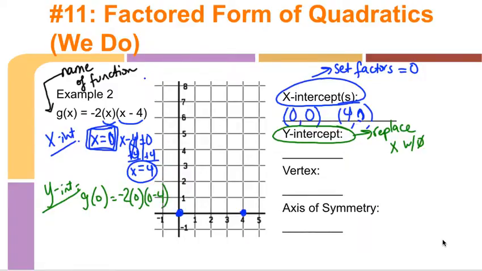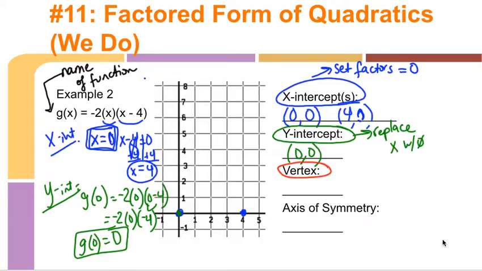Follow order of operations. 0 minus 4 makes negative 4. Negative 2 times 0 is 0. 0 times negative 4 makes 0. And I actually already knew that because there's only one y-intercept, and this one matches one of the x-intercepts. So my y-intercept here is 0, 0.